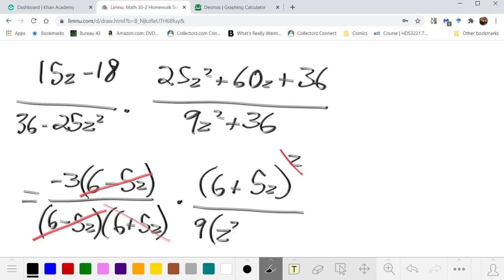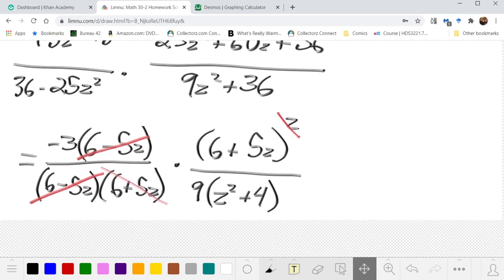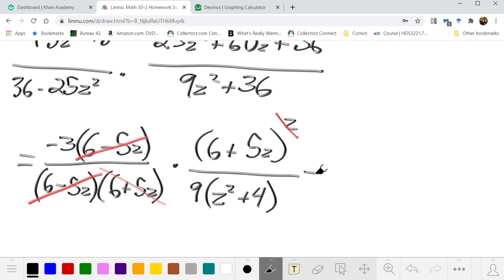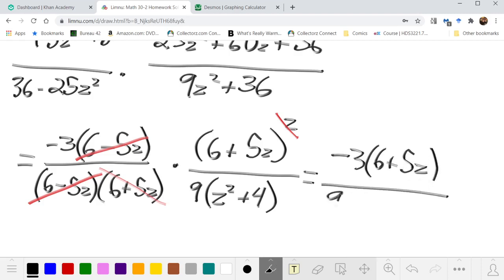And we have z squared plus 4. So this will now simplify to negative 3 times 6 plus 5z over 9 times z squared plus 4. This is our final simplification.